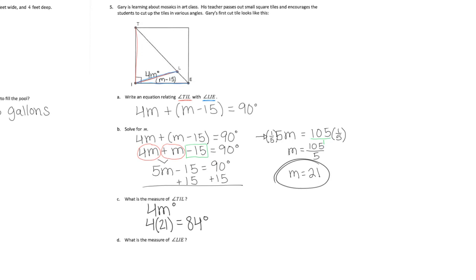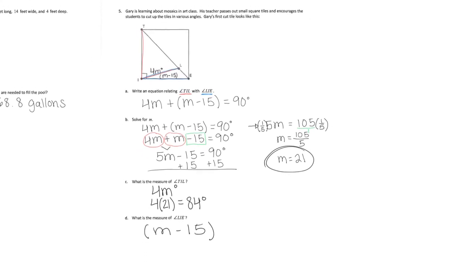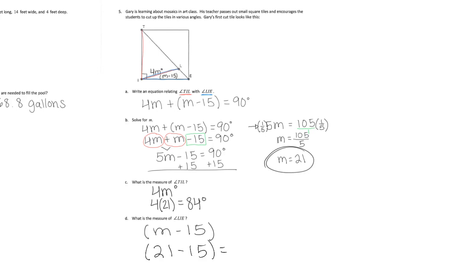Now finally, what is the measurement of LIE? And that is m minus 15. So again, I'm going to substitute 21 in for m. So now I have 21 minus 15. And 21 minus 15 is going to give us 6.